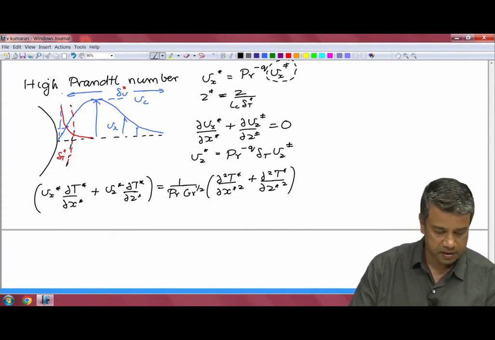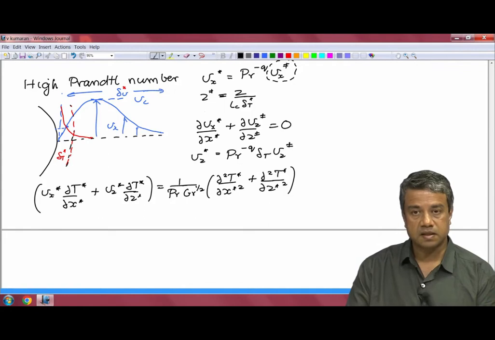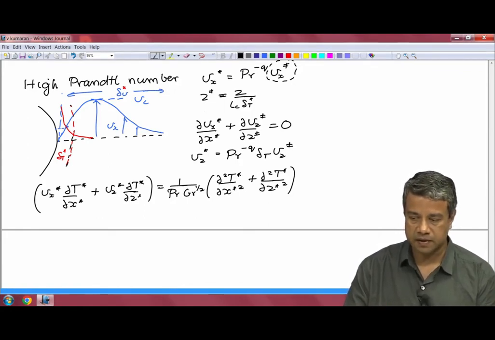Substituting these parameters here, Vx double dagger is smaller than Vx star by a factor of Pr power minus q, and x star is scaled by Lc.